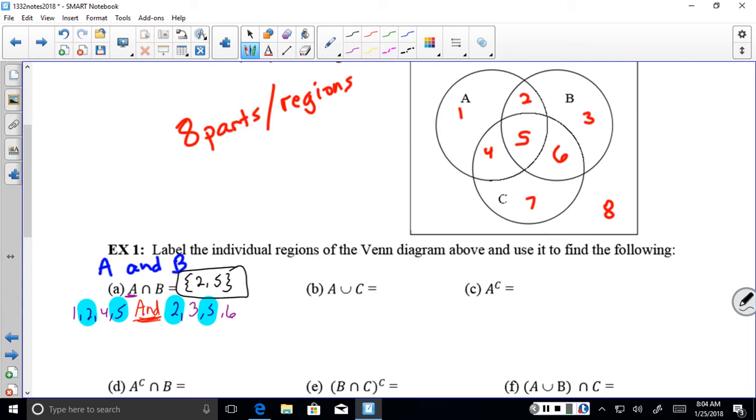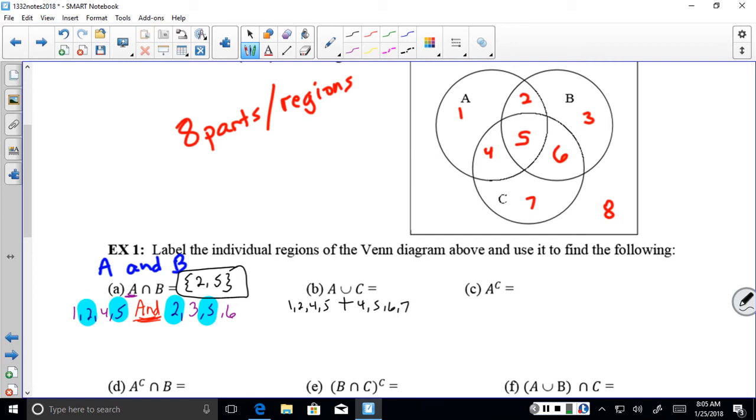Part B says A union C. We can interpret A union C to be A or C or both. We could also interpret it to be A plus C. When doing Venn diagrams, I find it easier to think of plus. That means we want everything in A. So on the left side of this plus sign, I'm going to write down everything in A: 1, 2, 4, 5. Plus, on the right side, I'm going to write down every number in C: 4, 5, 6, 7.